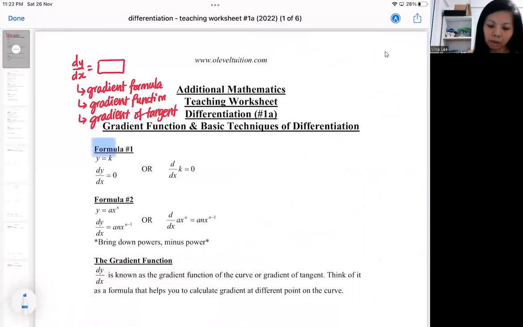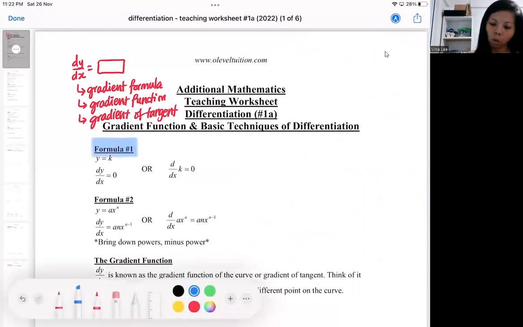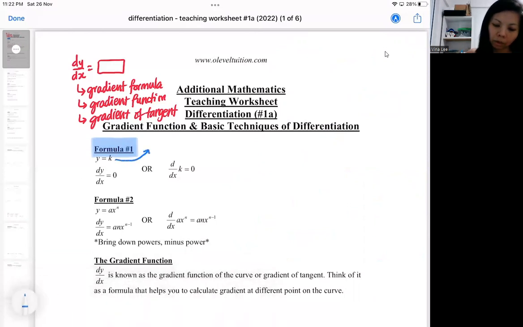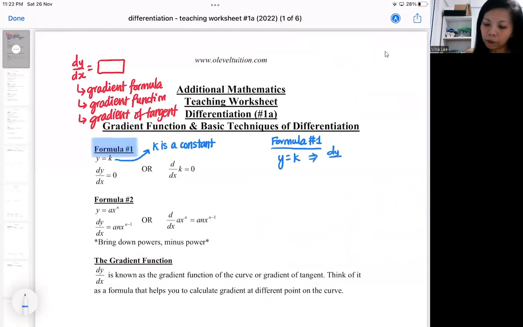The first formula is applicable when y is a number, so k is just a number. For formula number 1, it is applicable when you see a number. When you see a number and you differentiate, you will get 0.